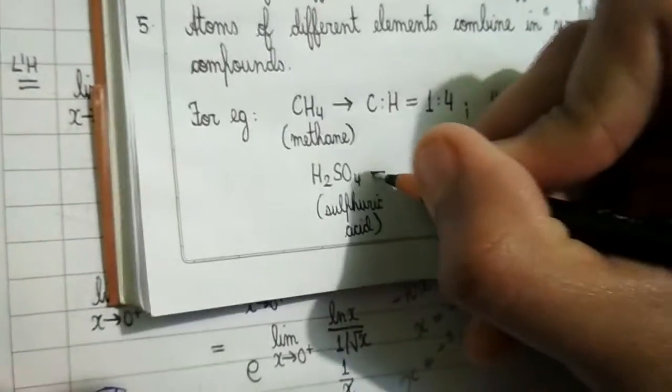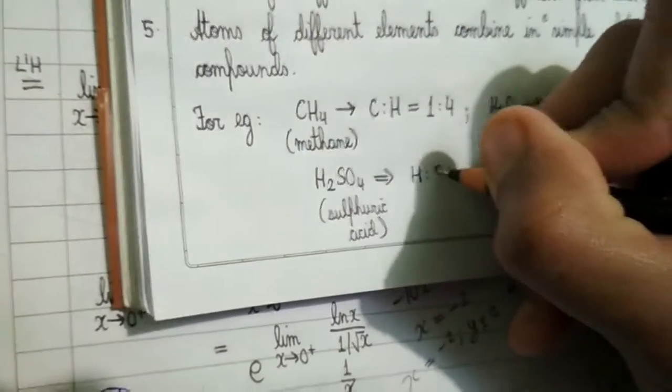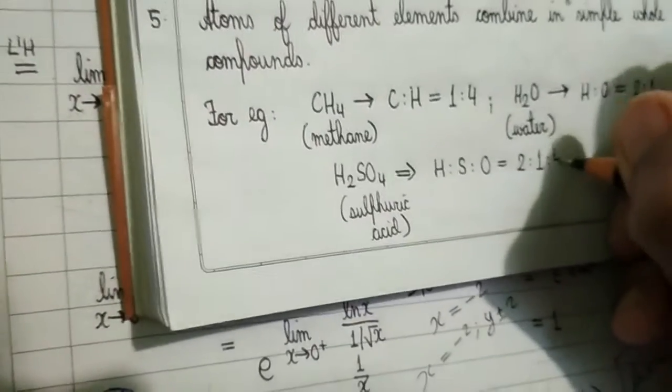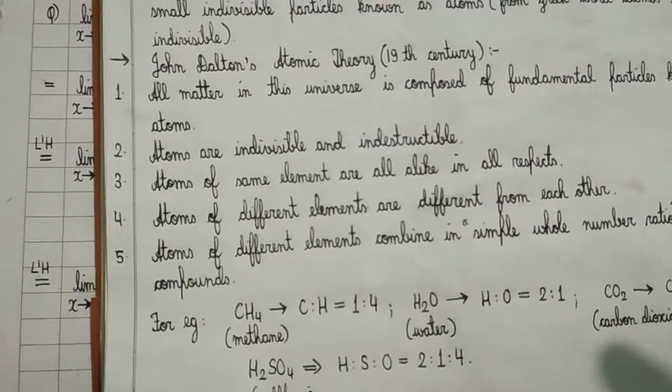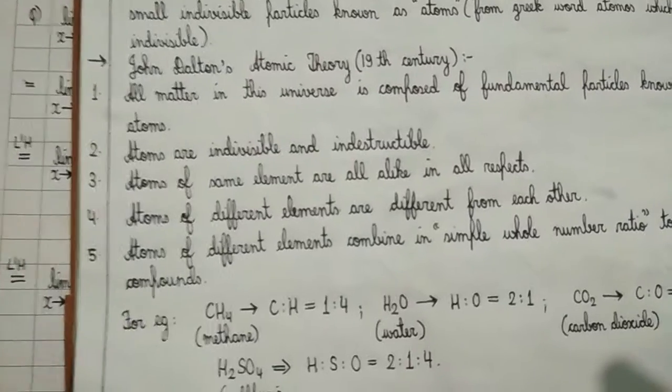Sulfuric acid contains hydrogen, sulfur, and oxygen in the ratio of 2:1:4. So see, the ratios are all whole number ratios. So these are the 5 points of John Dalton's atomic theory. I hope you have understood it till now.